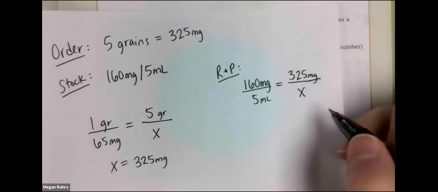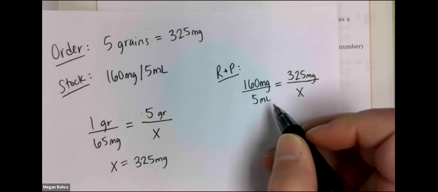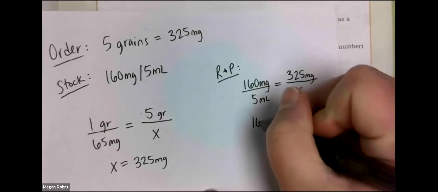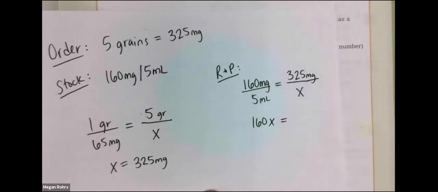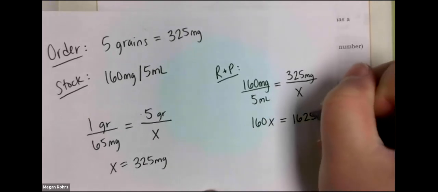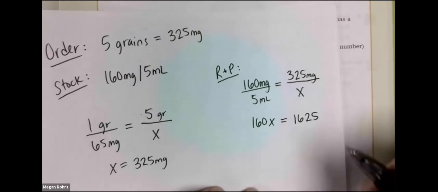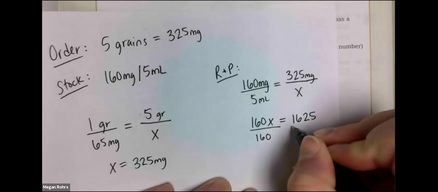We're solving for the dose volume, and we know that our unit is milliliters. So cross multiply, we have 160x equals 325 times 5, which gives us 1,625. To get x by itself, we divide by 160.